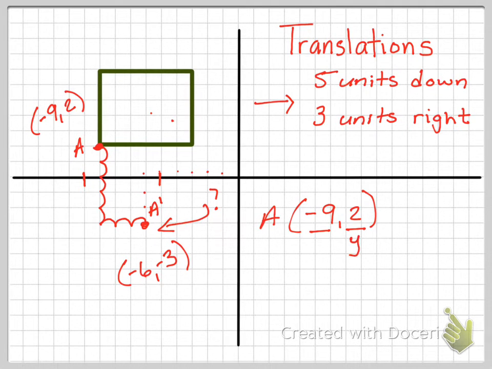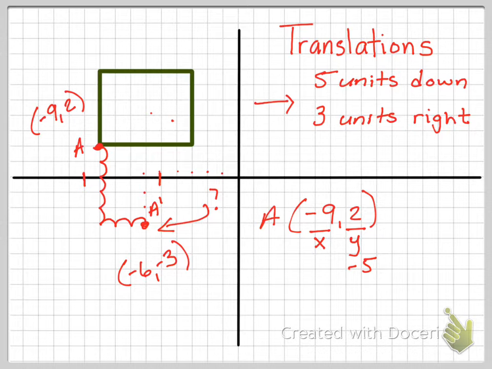The side-to-side shift is your X, because your up and down axis is your Y and your side-to-side axis is your X. And so if we were going to move something down 5 units, we would want to take our up and down number, which is the Y, and minus 5.